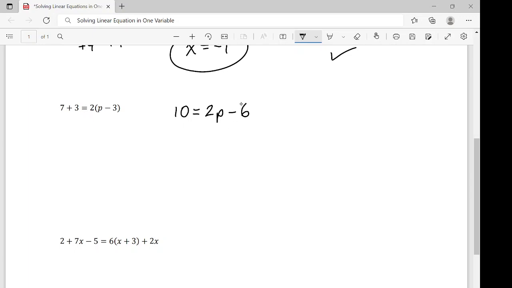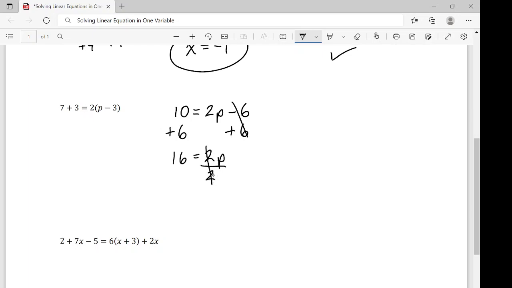So to move the negative 6 over, I'm going to do the opposite, which is a positive 6. Cancels that out here, but again, I balance the equation by doing it to the other side. 10 plus 6 is 16 equals 2p. And now to get the p by itself, I'm going to take this 2 that's multiplying p, and I'm going to divide it by 2.